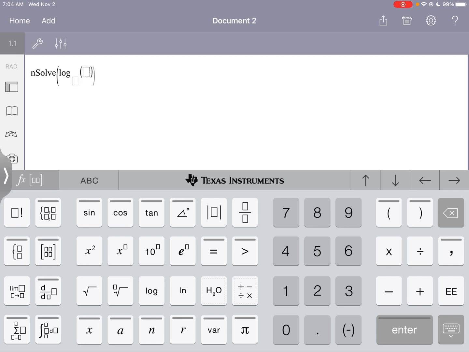We have log base 8 of 8x minus 3 plus log base 8 of 9 equals log base 8 of 62x plus 3, comma, x, and we get 3, so we did it correctly when we worked it out by hand.